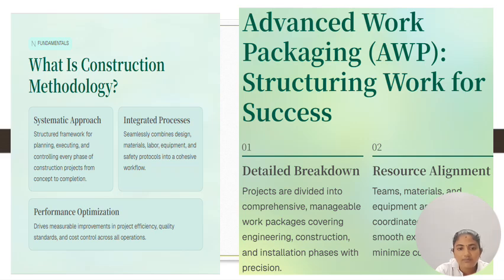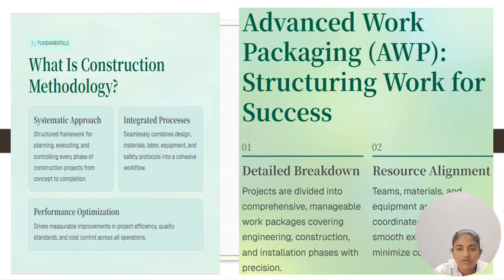And integrated process is teamwork where the material, labor, equipment, and all the safety protocols are brought into a cohesive workflow. And performance optimization is the measure of improvements in project efficiency, quality, standards, and cost control across all operations.